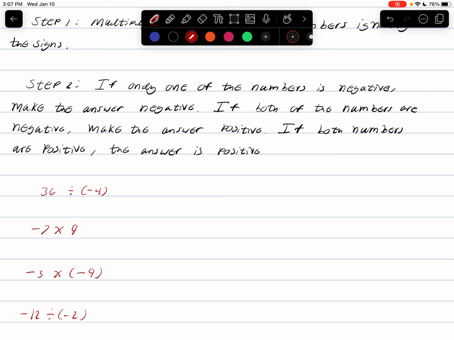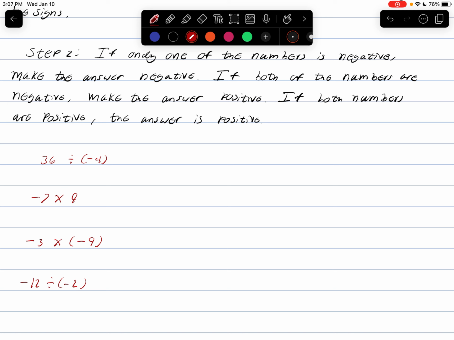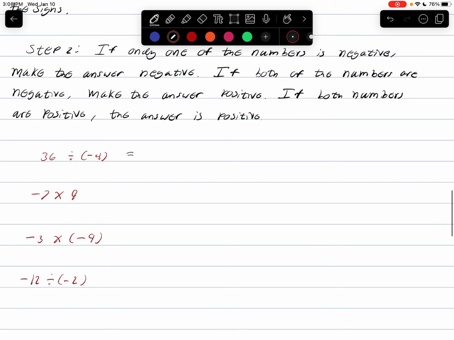Okay. So let's go ahead and do a few of these examples here. We have 36 divided by negative 4. So the first thing we do, like I said before, is we want to just go ahead and divide them like normal. And hopefully remembering from our multiplication table or our division in the past, we should know that 36 divided by 4 is going to give us 9.